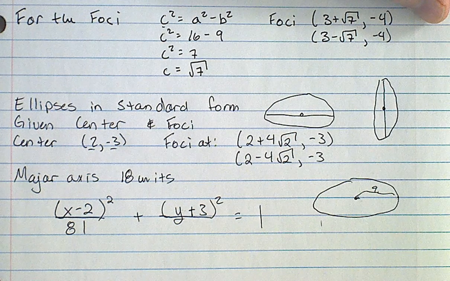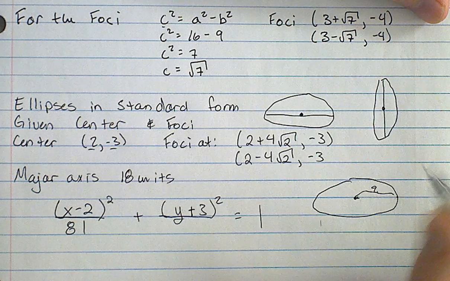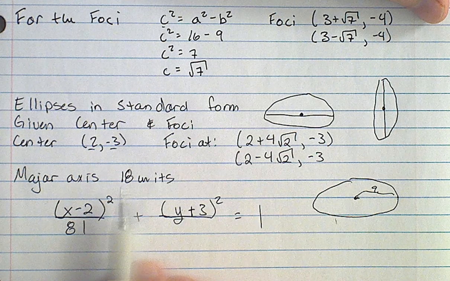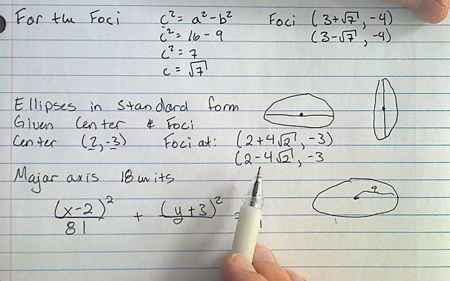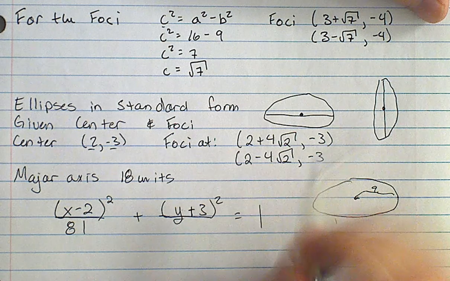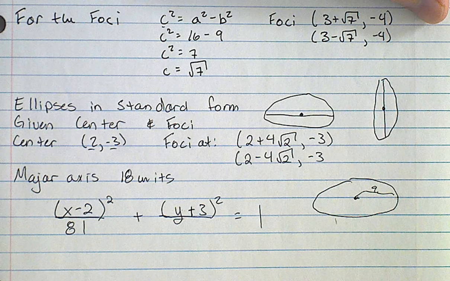Right, but if it's not drawn out, then how do you know? And I'm about to show you. The center is this point in the middle, and we don't have any information about the vertices, so we can't use the vertices or co-vertices to tell if it's vertical or horizontal. If we did, we could use those. We have information about the foci, and the foci are on the left or right-hand side of the x-coordinate. What's the definition of foci?